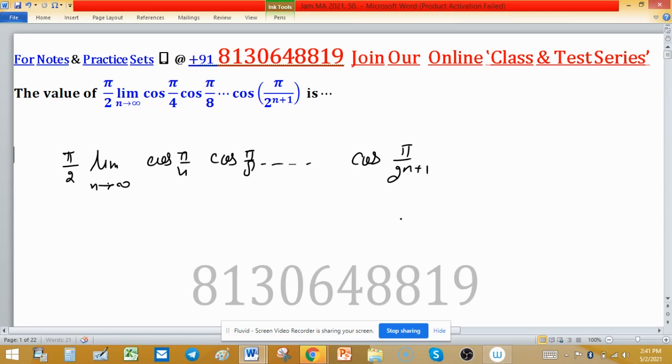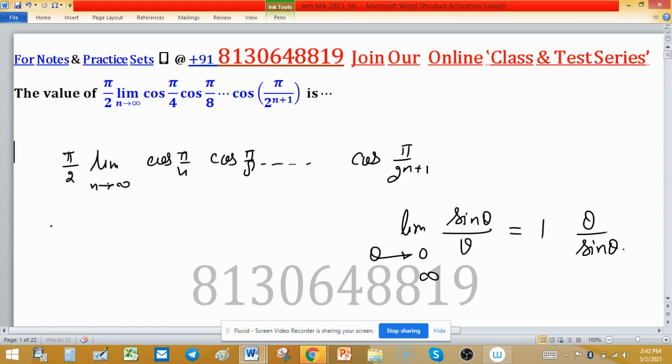Normally we know the concept of limit: whenever a trigonometric function involves sine theta upon theta and theta is tending to 0, this limit is 1, and also when theta is tending to infinity, this limit is also 1. And for the reciprocal, theta upon sine theta, the limit is the same. So to find the limit, we are doing some manipulation.